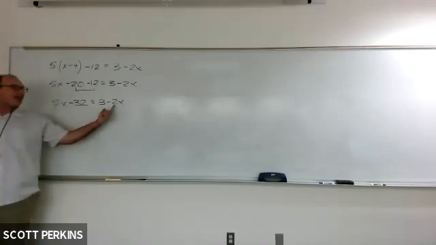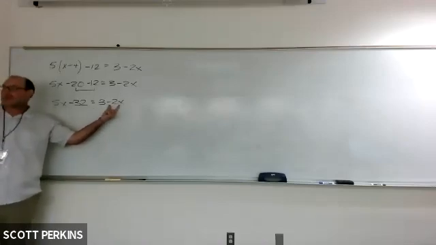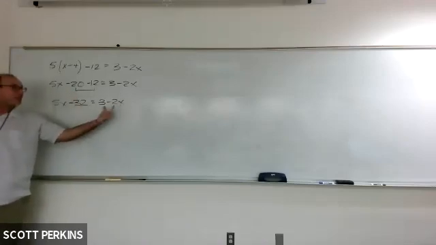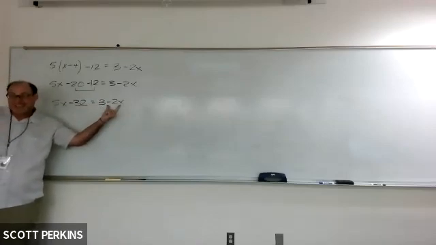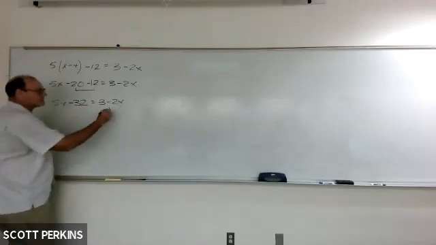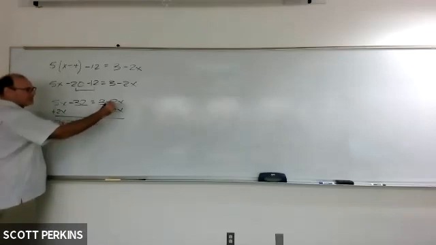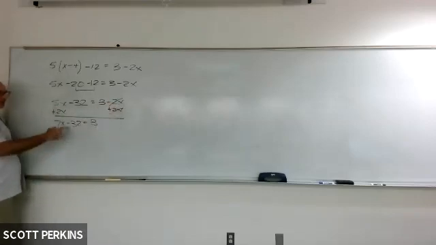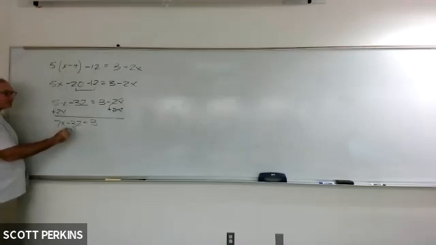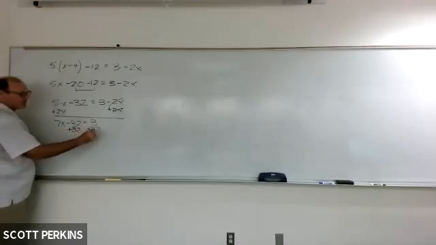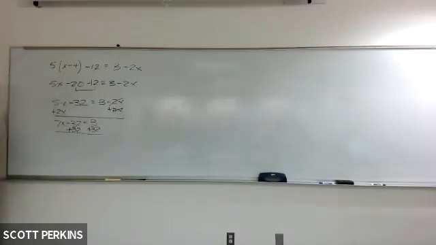If I'm going to put all my x's on the left, that means this -2x has to be moved to the left. How am I going to move that -2x? Add it. That sounds great. 5x plus 2x, that's 7x. I've canceled the 2x's over here. I'm going to move the 32 over to the right by adding it. In the addition property, we're always doing the opposite.